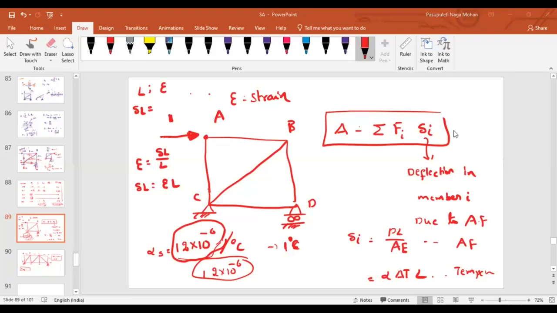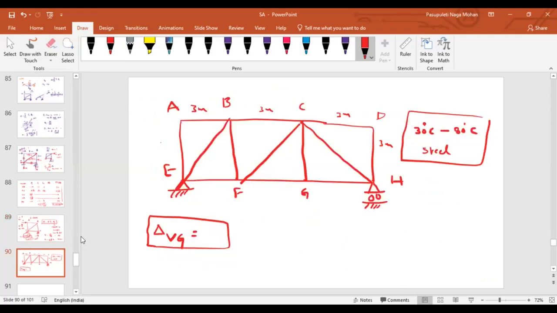So because of delta T, the total strain is alpha into delta T. To get the change in length, I multiply with the length of the member. This is the axial deflection in a member if there is any temperature change.